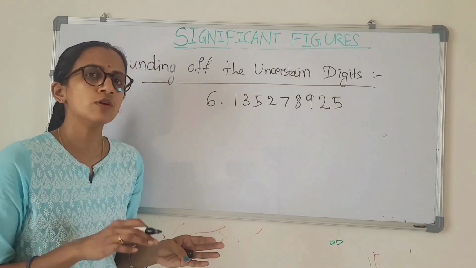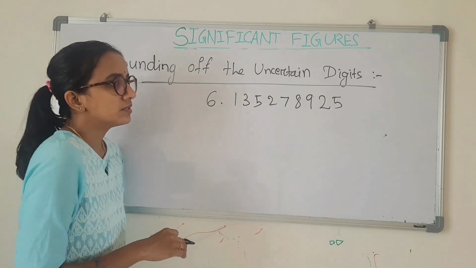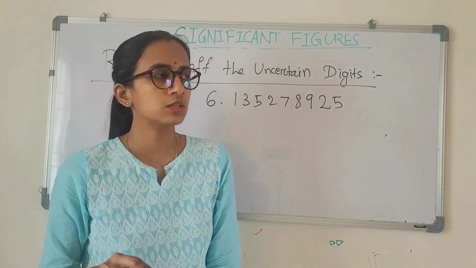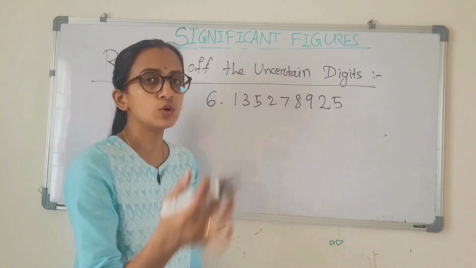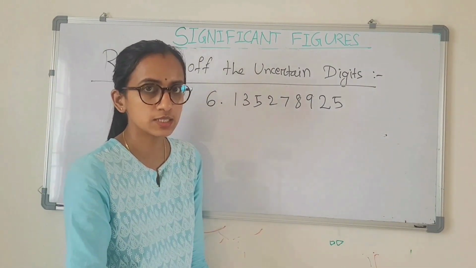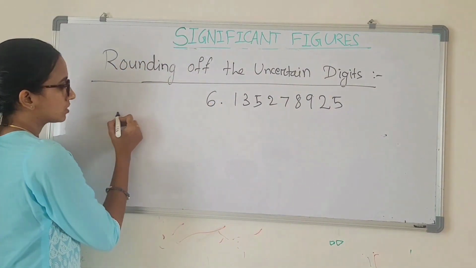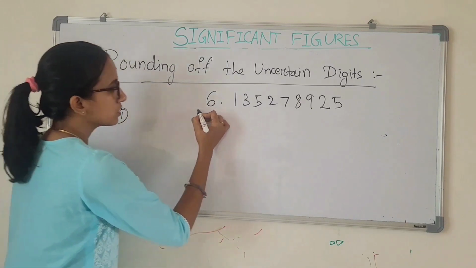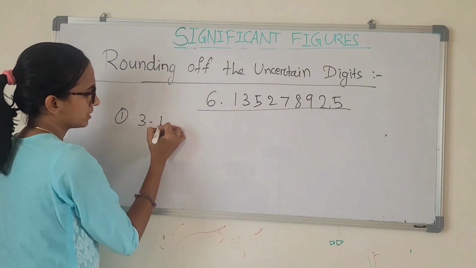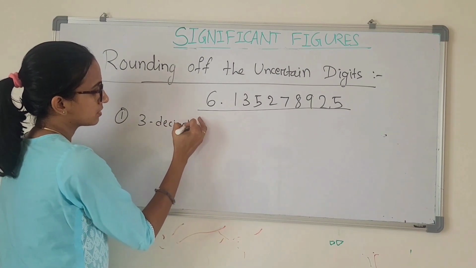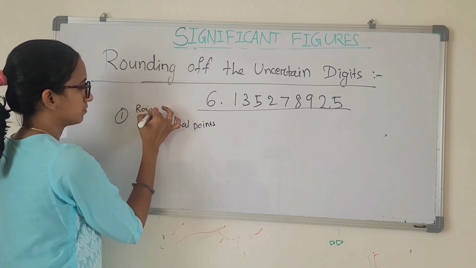So we need to round off the uncertain digits. In the question, you will be told to round off up to 2 decimal points or up to 3 decimal points.